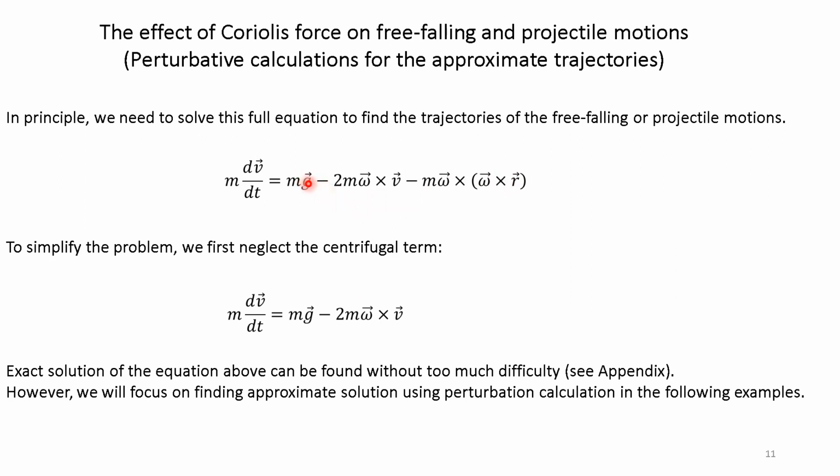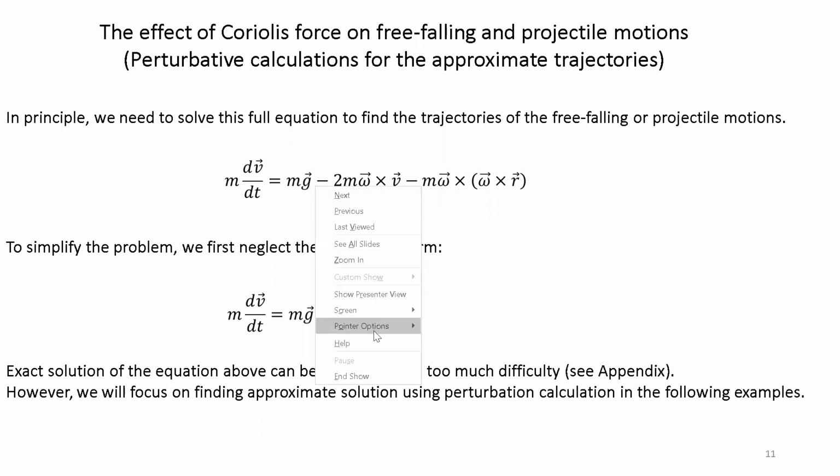Remember, the capital R term is hidden in this mg term already. So even though we are dropping this term, we are actually still including a majority part of the centrifugal effect, because the omega cross R term is here, that is much bigger.